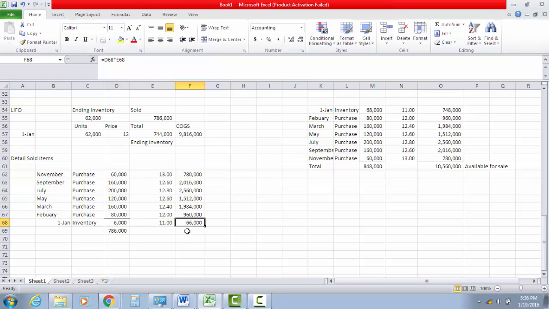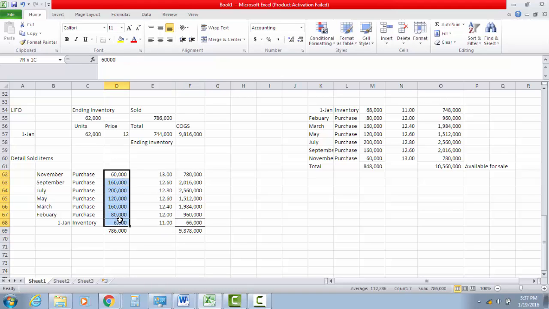Now again, let's check our total cost of goods sold. It should in fact equal itself out. So why does it not? I have all of these items sold.